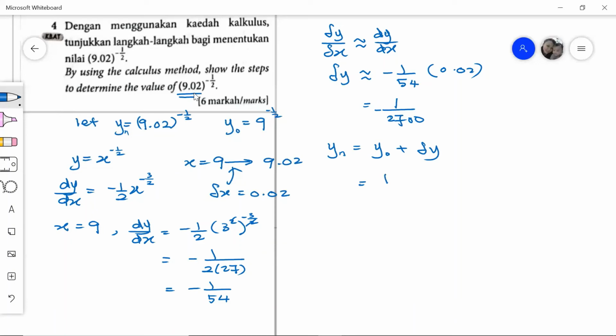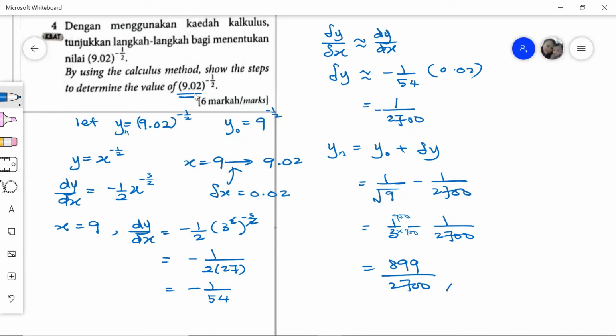That means it is 1 over the square root of 9, plus a negative, so minus 1 over 2,700. So this would be 1 over 3 minus 1 over 2,700. Over here, we multiply by 900, yeah, 900 minus 1, we have 899 over 2,700.